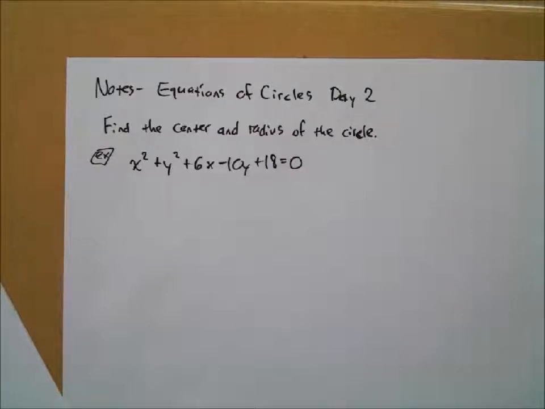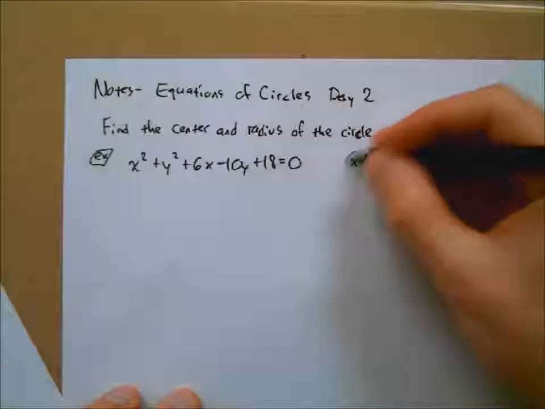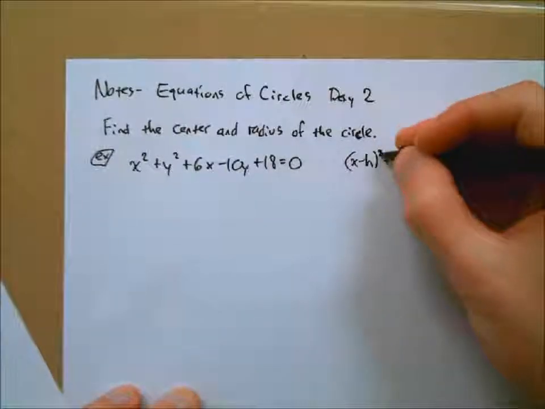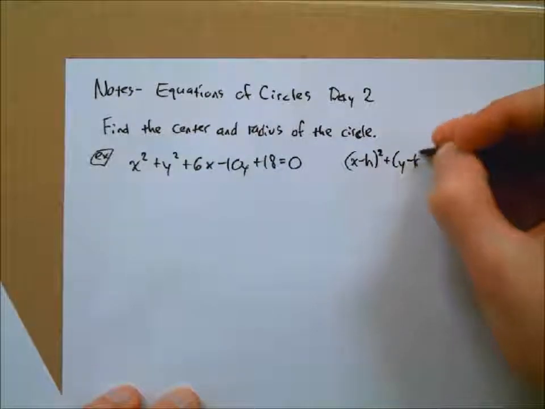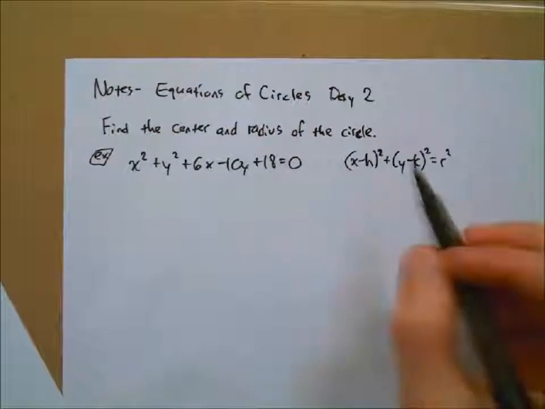So this is the equation of a circle, all right? So it's going to have a center, it's going to have a radius, but the problem that we run into here is it is not in this form that we saw yesterday where the x minus h quantity squared, y minus k quantity squared equals the radius squared, right? It's not in that format.